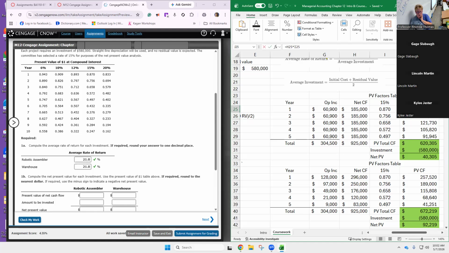So once you do a formula that takes that cash flow times that factor and get a number, then you're going to add up all those present value cash flows to see what your present value total is for cash flows, right? How much is it without time value of money? How much are we expecting without time value of money?